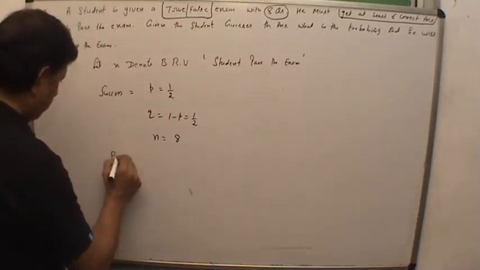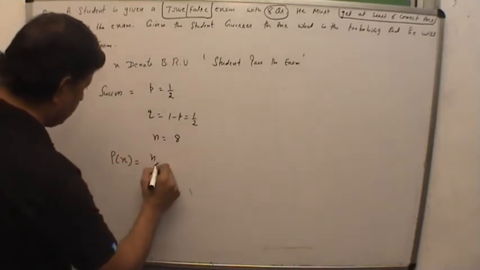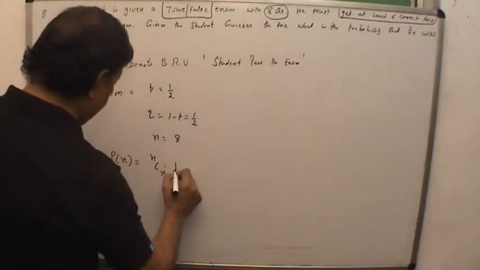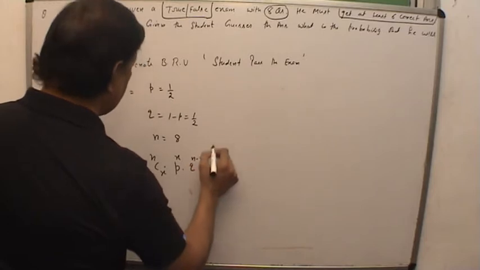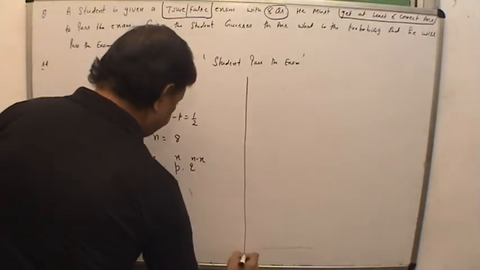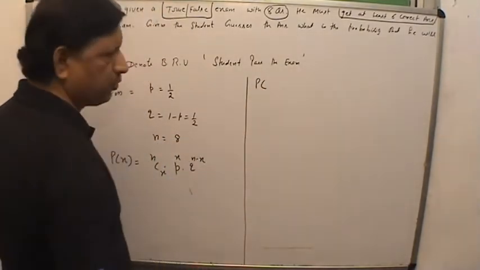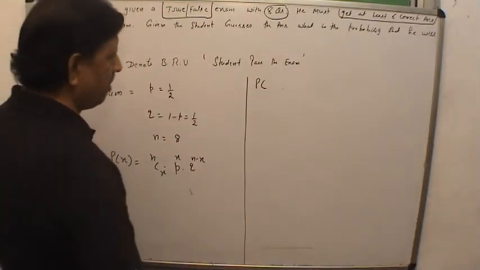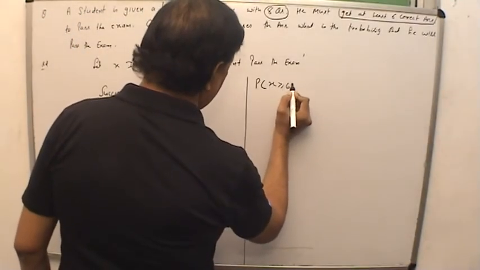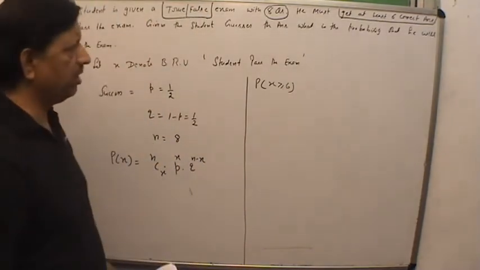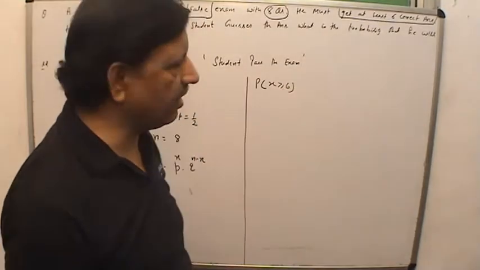We use the formula for the binomial probability distribution, that is nCx into P raised to the power x into Q raised to the power n minus x. Here the probability is that the student will pass the exam. He will pass the exam if X is greater than or equal to 6, that is, when he gets at least 6 correct answers.